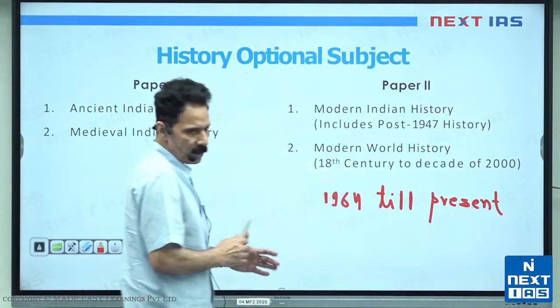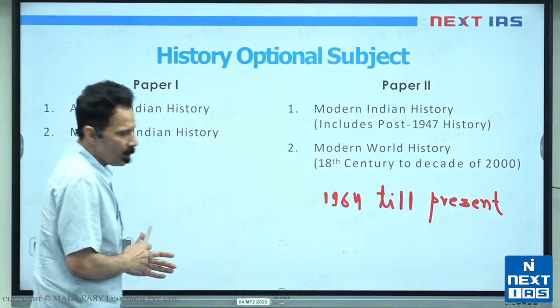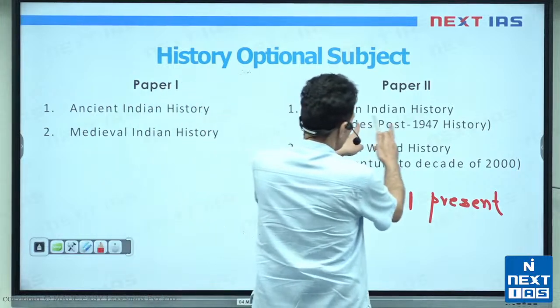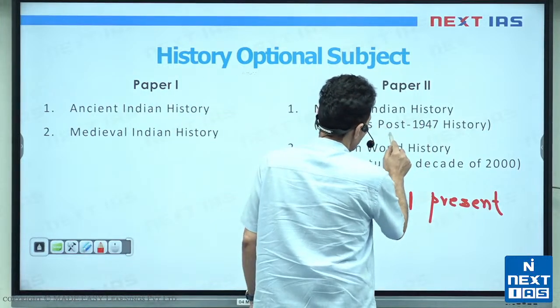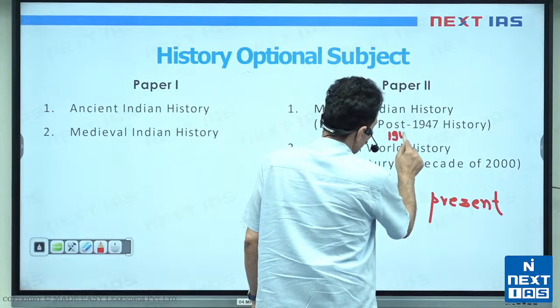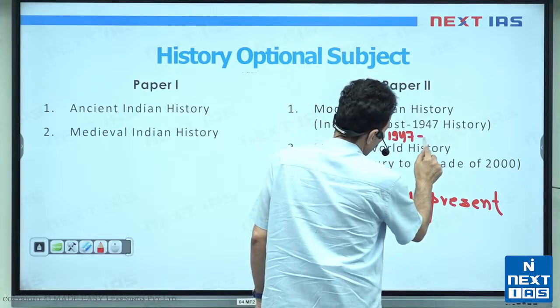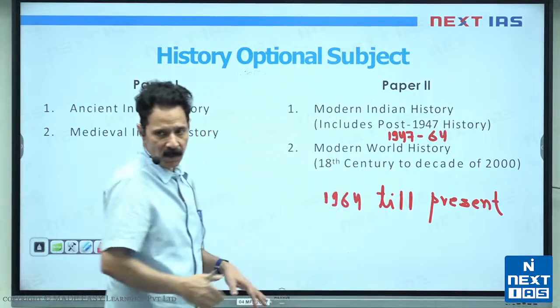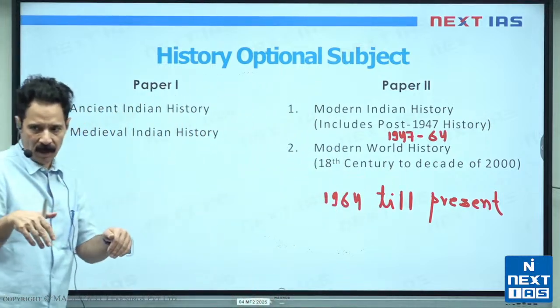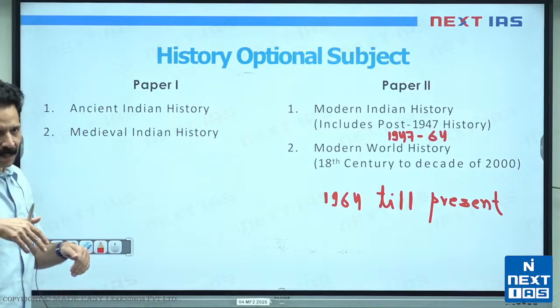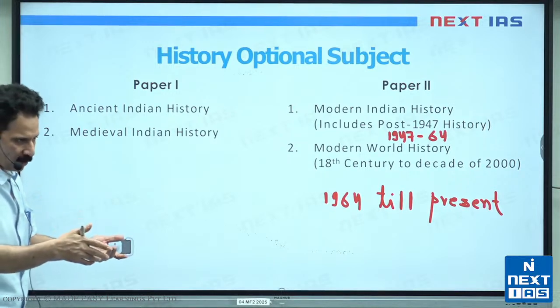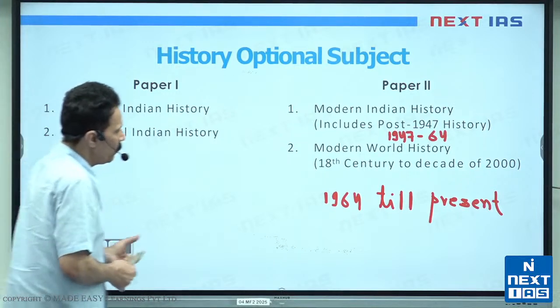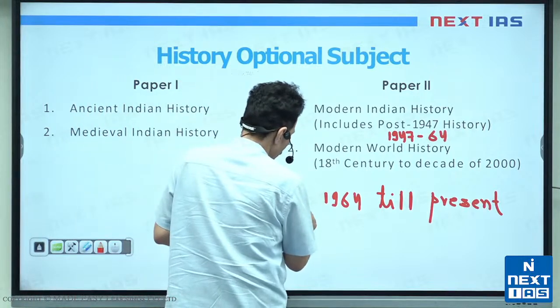This is more in GS. Whereas in history optional subjects, post 1947 is mainly 1947, 64. This is beyond 64 as well. Till present means till 2025. If you're writing exam next year, till 2026. Okay? So this is one thing more in GS.